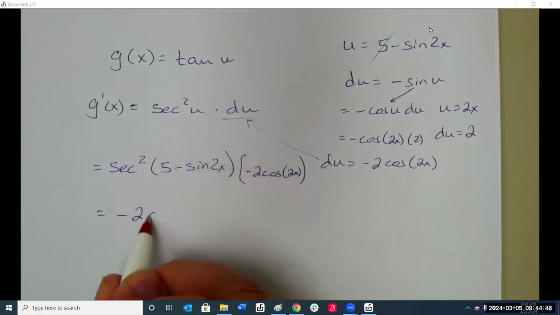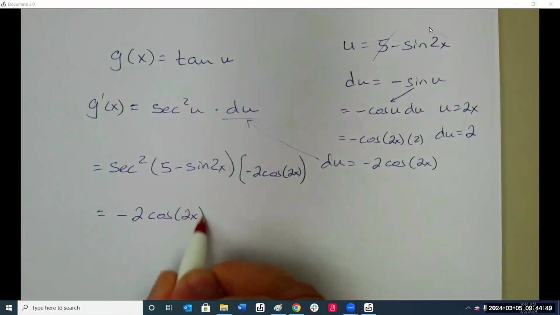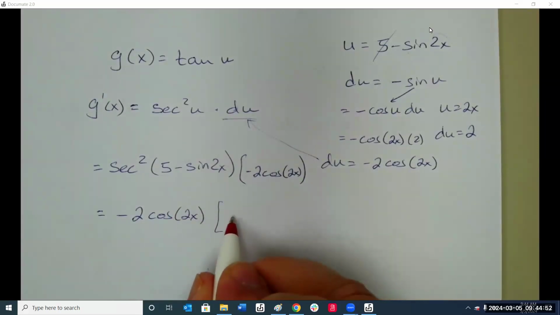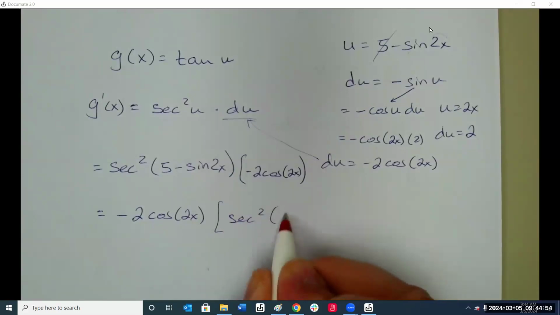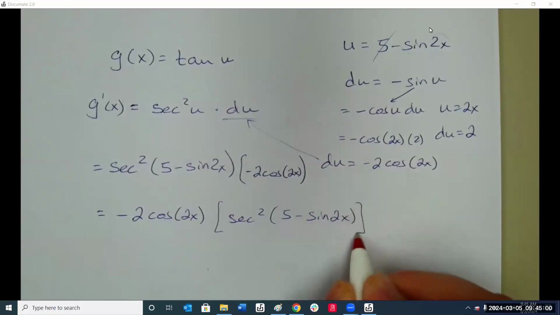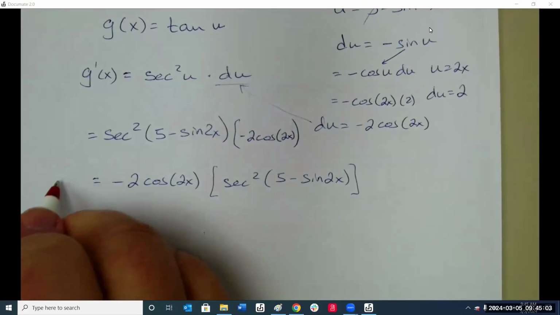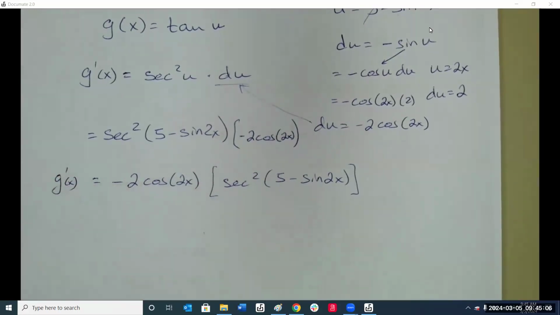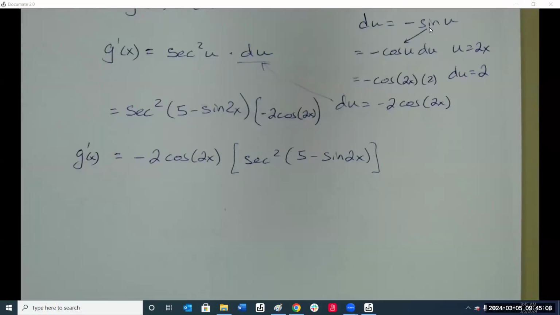Put that in front: negative 2 cosine 2x secant squared of 5 minus sine 2x. There's your derivative. The hardest part of that is keeping it all in order. There's a lot of writing. That's where your mistakes are going to happen. So make sure you have it compartmentalized, or put it in compartments, so that you know where everything is, where it belongs.